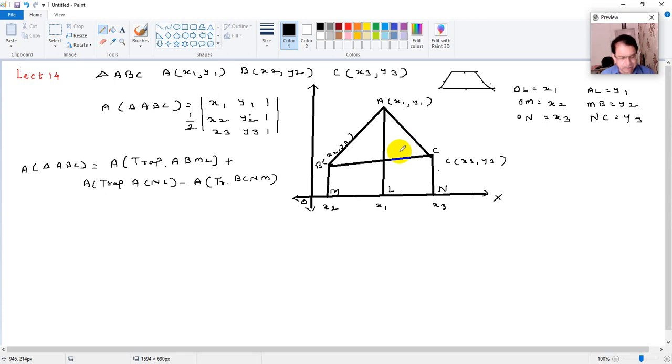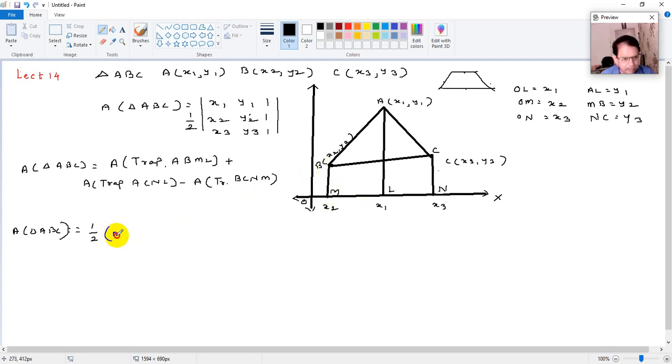मग आता ट्रॅपेझियमच्या एरियाचा फॉर्म्युला काय असतो? सम ऑफ पॅरलल साइड्स, राईट? एम बी. आता बघा इथे जेव्हा एम बी आणि एल ए ह्या पॅरलल साइड्स आहेत आणि देन व्हॉट, द हाईट ऑफ दॅट ट्रॅपेझियम. पॅरलल साइड्स मधलं अंतर, मग ते किती आहे? ML. पहिल्यांदा आधी एरिया ऑफ ट्रायंगल ABC, it is on left hand side. पण ते काय होणार? एरिया ऑफ ट्रॅपेझियम ABML, राईट? मग ते काय होतं? 1/2 इंटू सम ऑफ पॅरलल साईड्स. आता ह्याच्यात पॅरलल साईड्स कोणत्या आहेत? एम बी आणि ए एल, राईट.